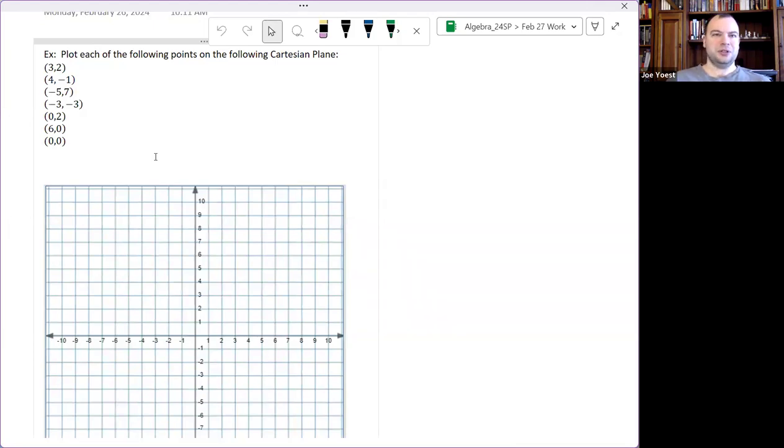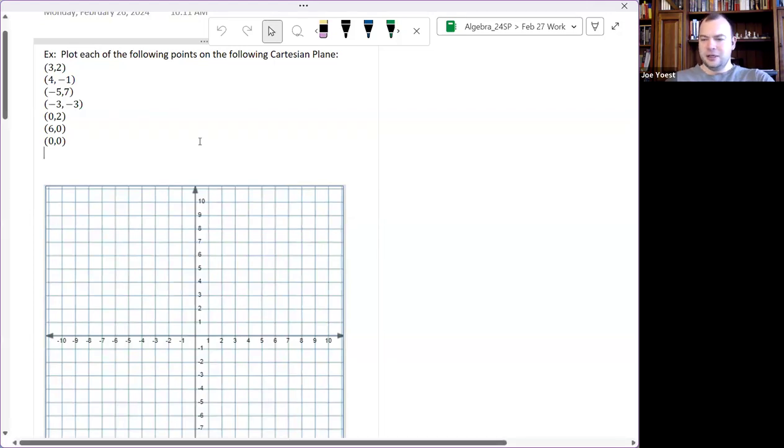Try to do it reasonably accurately, but it doesn't have to be ruler-level straight lines, or measuring-tape precise increments of 1, 2, 3, 4. It doesn't have to be that perfect. This is more of a diagram or schematic than a perfect engineering drawing. So take maybe three minutes or so, work through this problem, and then we'll come back and discuss it.